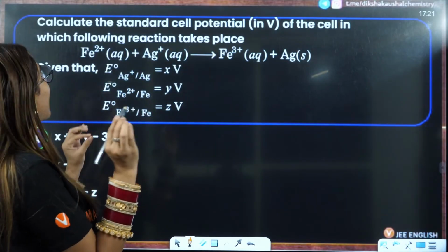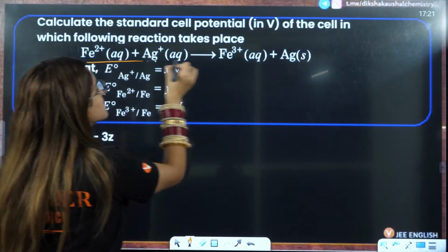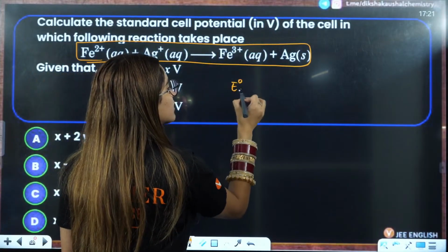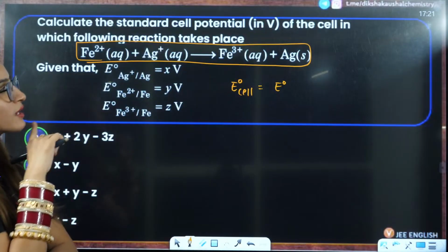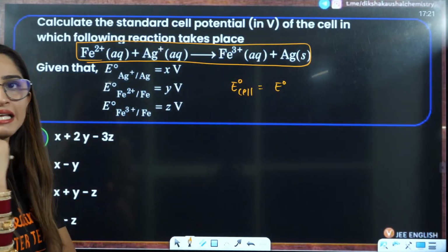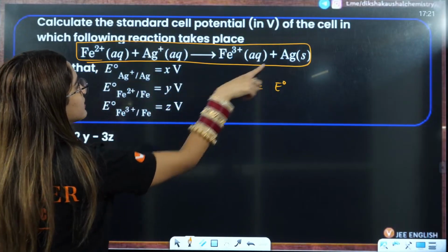If you want to calculate the standard potential E naught, for this reaction E naught cell is equal to E naught cathode minus E naught anode. Can you tell me what the cathode is? Cathode is the one which is gaining the electron.